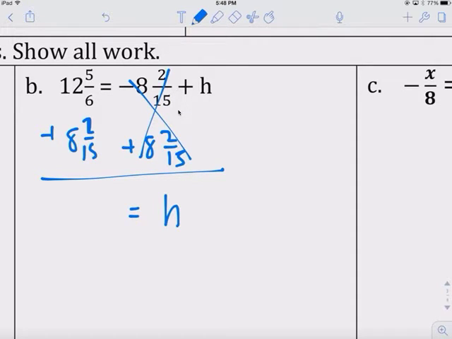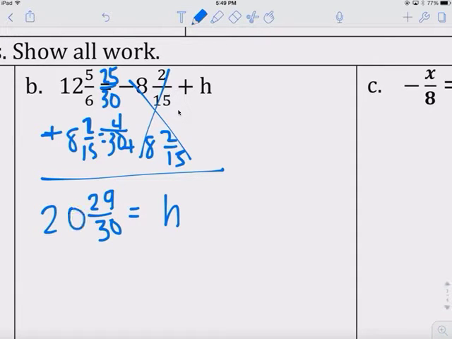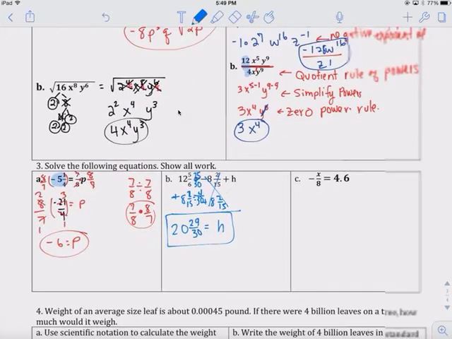H equals, common denominators, 30 times 5 is 25, times 2 is 4. You add that, you get 29 over 30 and 20. There you go.